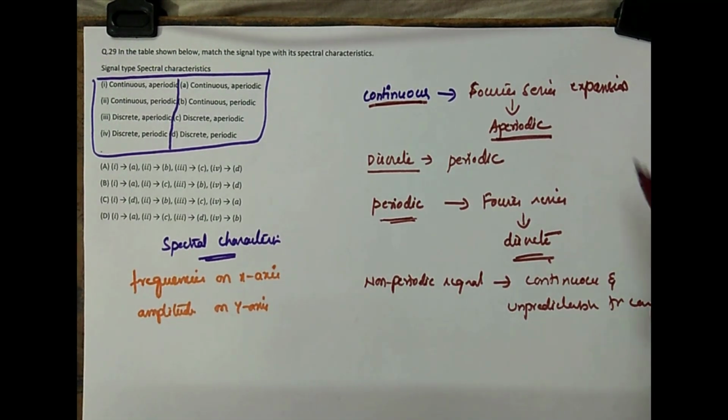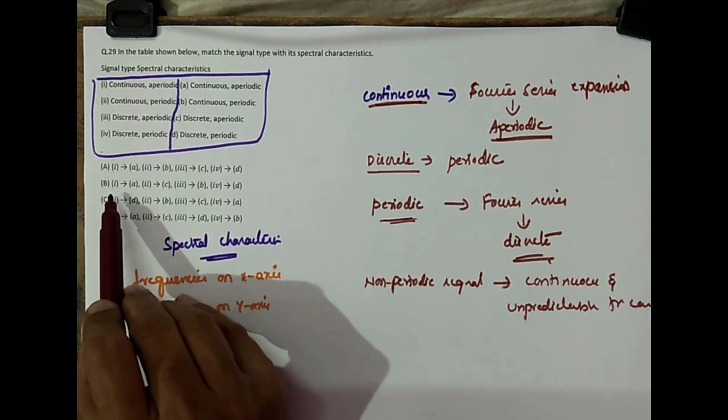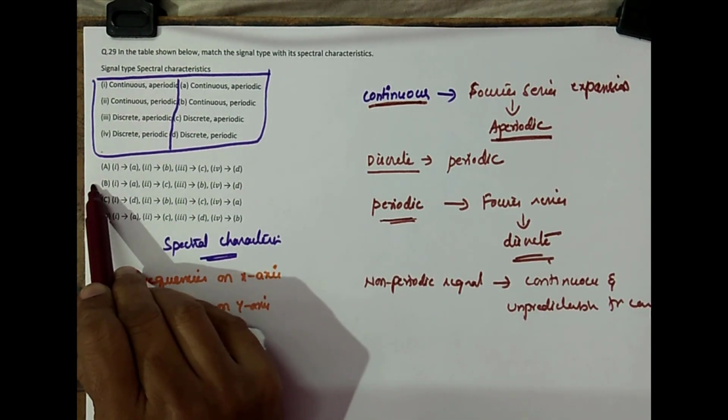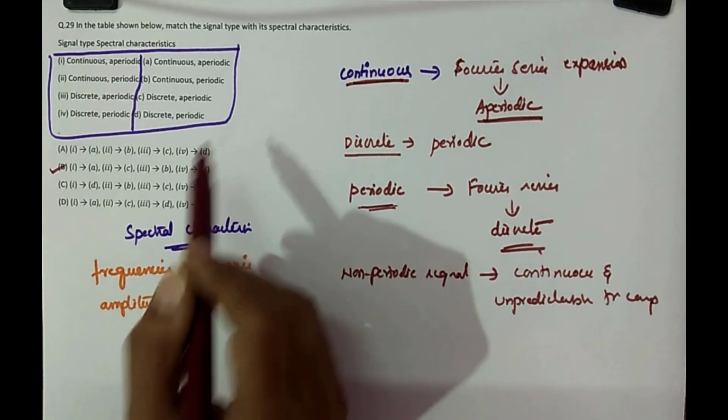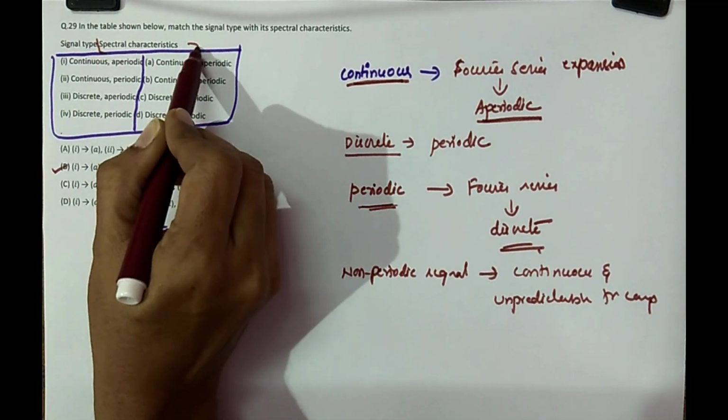Okay, so now if you connect all these things, the answer is C. The answer is B. Up to this is signal type, and these are spectral characteristics.